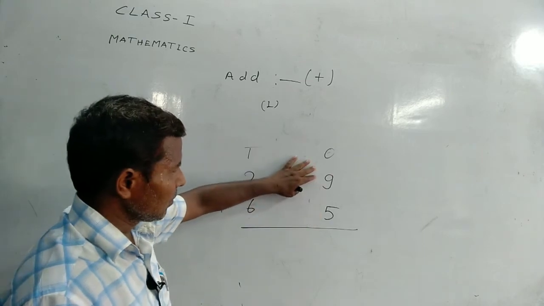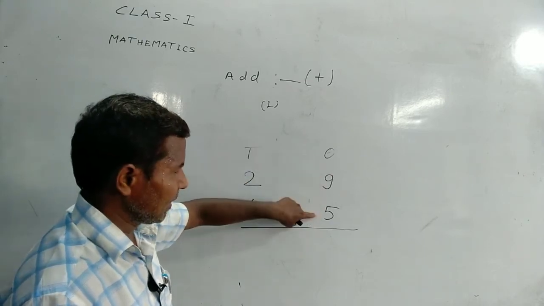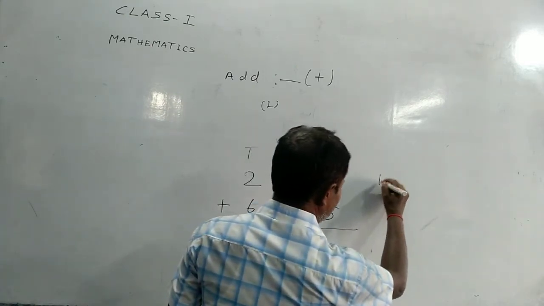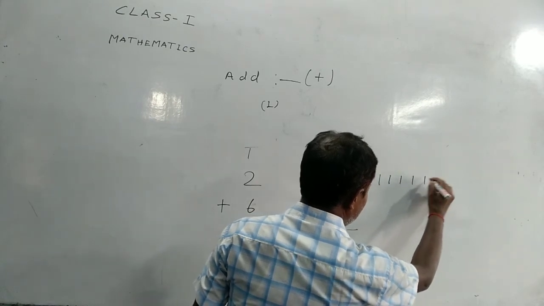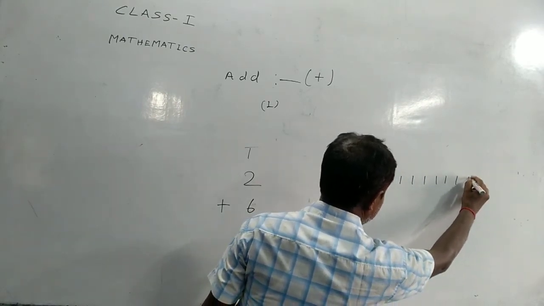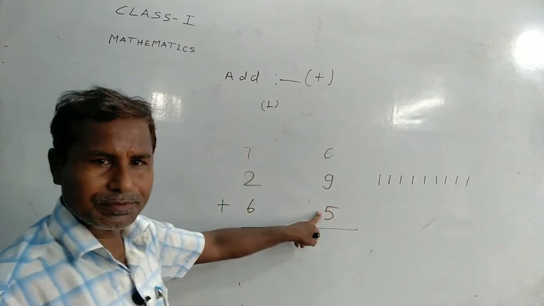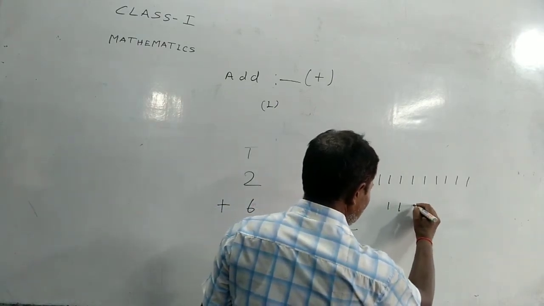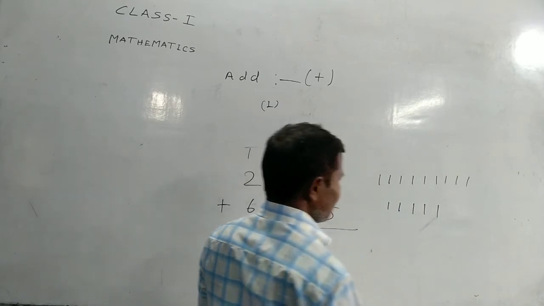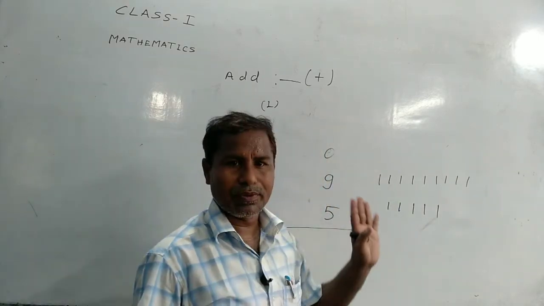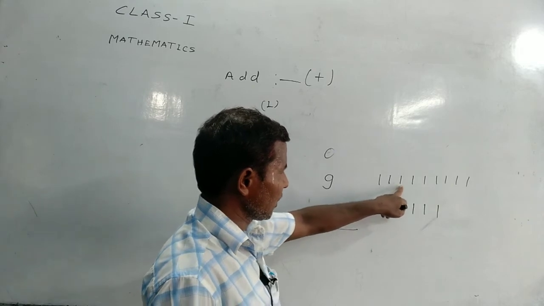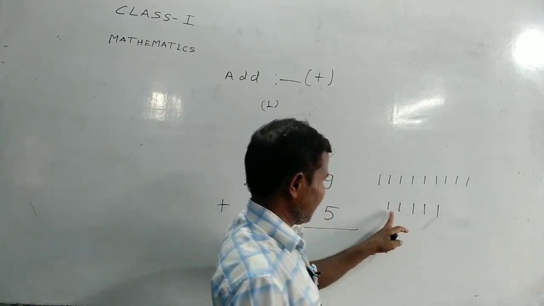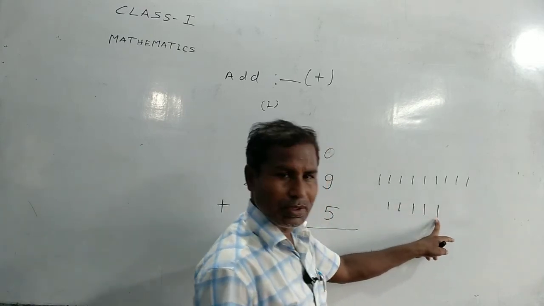First of all, find out the sum of 9 and 5. First, draw 9 lines. 1, 2, 3, 4, 5, 6, 7, 8, 9. Here is written 5. Also draw 5 lines. 1, 2, 3, 4, 5. Now count the total number of lines. 1, 2, 3, 4, 5, 6, 7, 8, 9, 10, 11, 12, 13 and 14.